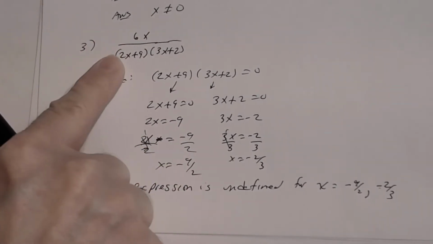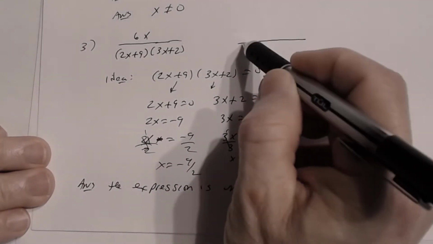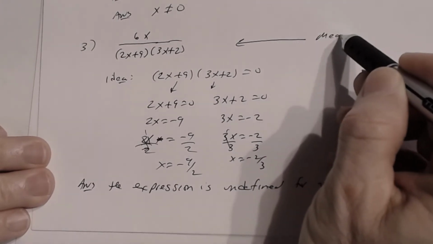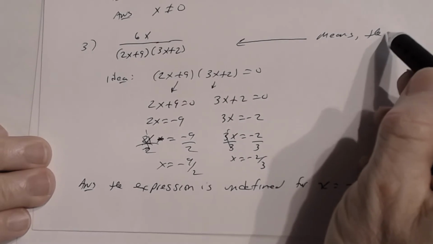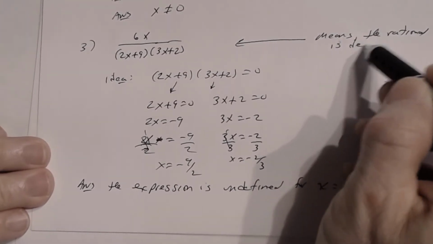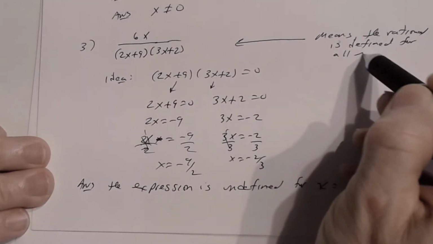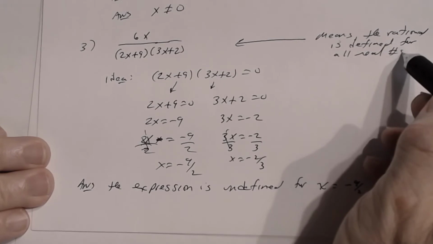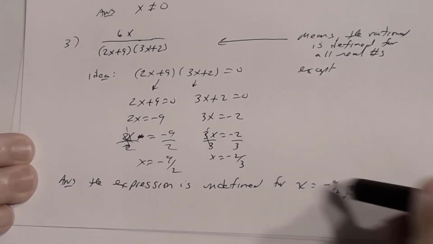Let me just remind you what that means as well. This means that the rational expression is defined for all real numbers except these two.